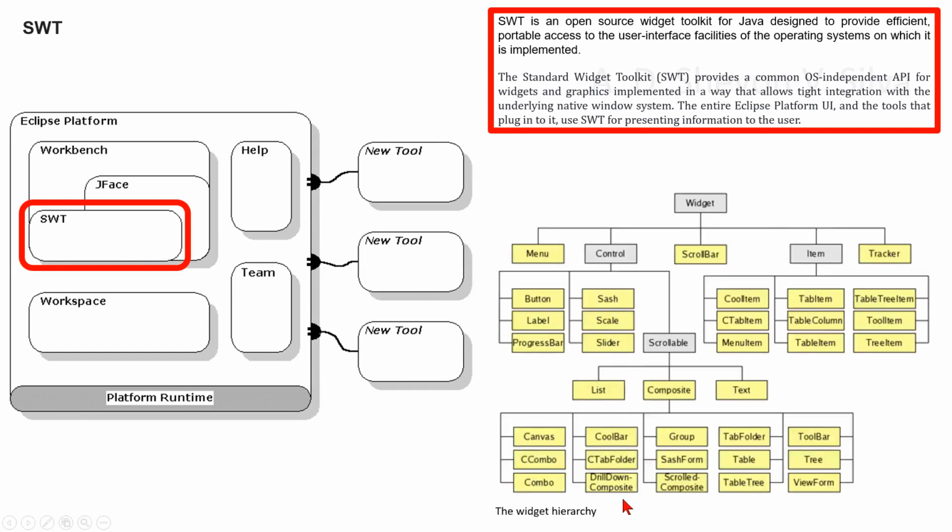Now we are considering the widget hierarchy. Widget is the main widget. Everything else extends widget. The most interesting classes are widget, control, and composite.